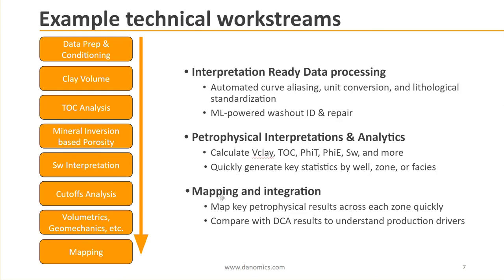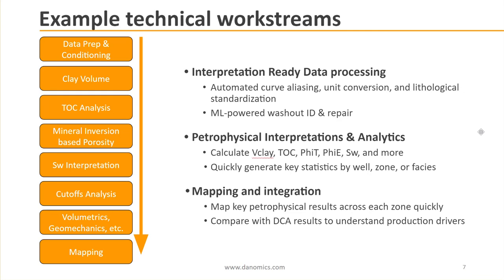When we look at how people are using Danomics, a lot of times they'll start off by bringing their data in, and maybe they'll run it through some flows to do some basic processing. Then they'll bring it into Petrophysics where they'll apply that interpretation ready data workflow, go through the Petrophysics, and generate a lot of statistics and properties on a well by well, zone by zone basis.